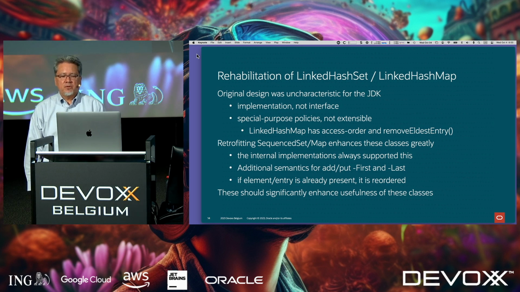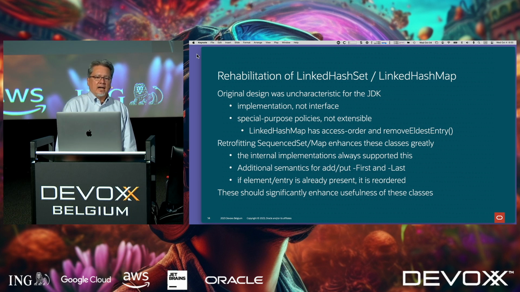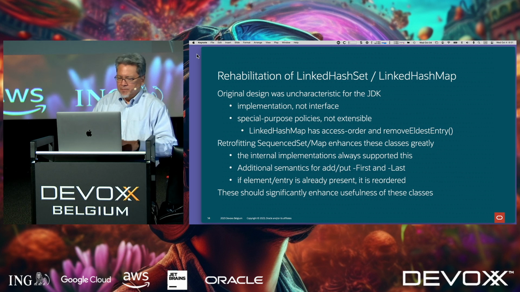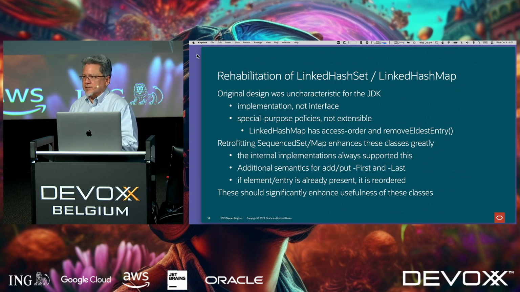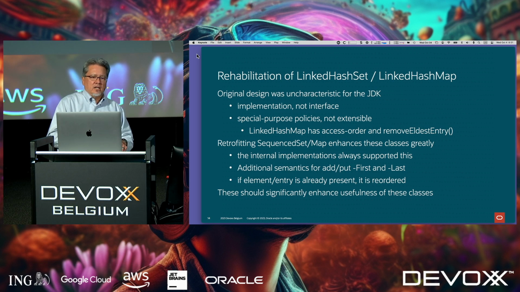In fact, you can do things that have other side effects in that method as well, but that only gets called at specific times. Anyway, those facilities are useful if it's exactly what you want to do. But if you want to do something slightly different, you're kind of out of luck. So that's the problem.